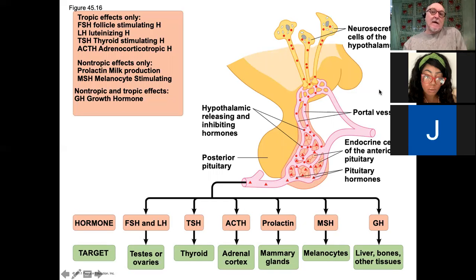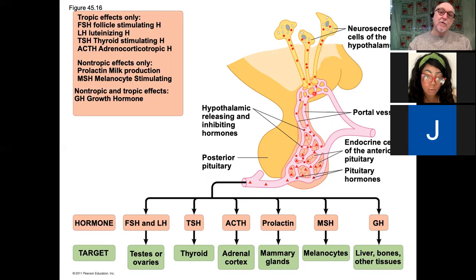So let's just have a look now at how the hypothalamus actually talks to the anterior pituitary, because it's different. Look at this, the anatomical structure. You'll see here the axons of the neurosecretory cells of the hypothalamus are short, and they actually terminate in the hypothalamus itself.